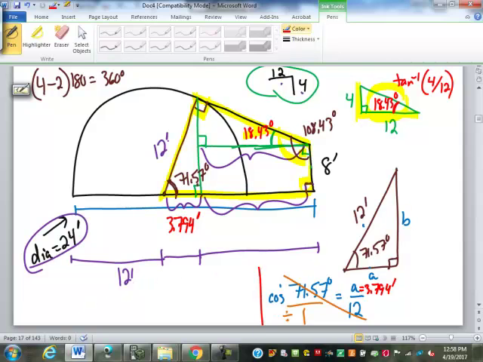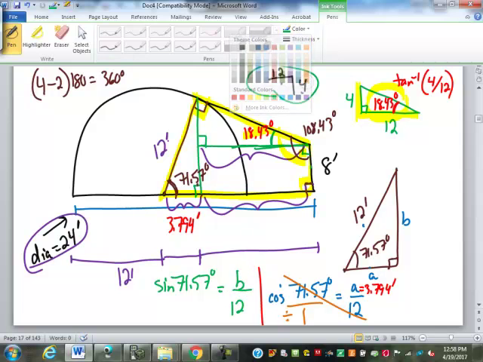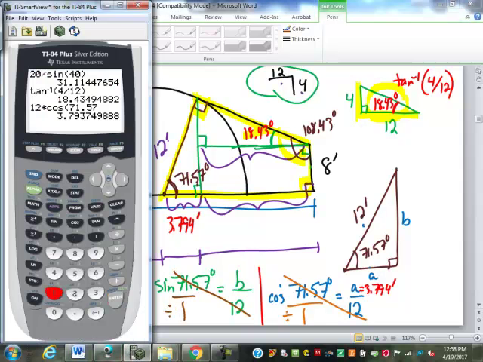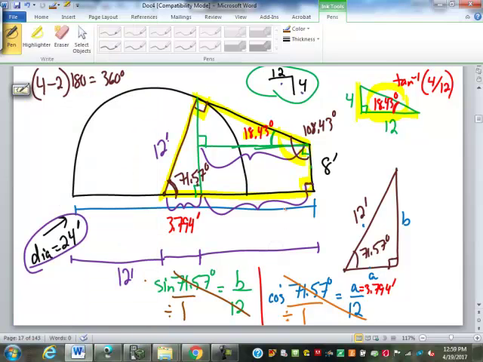B is going to be found the same way, only it's going to be sine for B, because B is the opposite side. So sine of 71.57 degrees equals B over that 12 hypotenuse. Put this over 1, and I cross multiply this way and divide by 1. So 12 times the sine of 71.57 is 11.385.